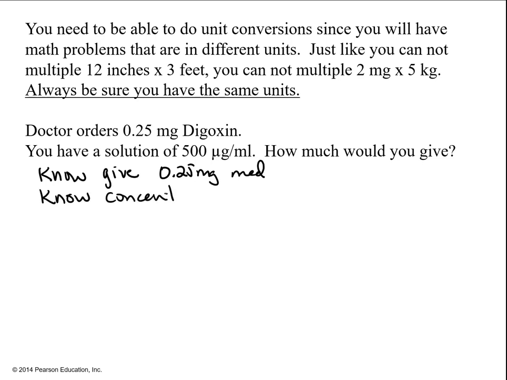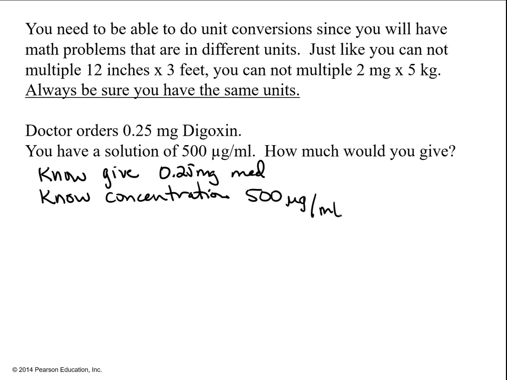So concentration is when you have a medication in a liquid. So I have some sample measured out and dissolved in some volume of liquid. So the concentration is 500 micrograms per milliliter, which means 500 micrograms per 1 milliliter of the solution.